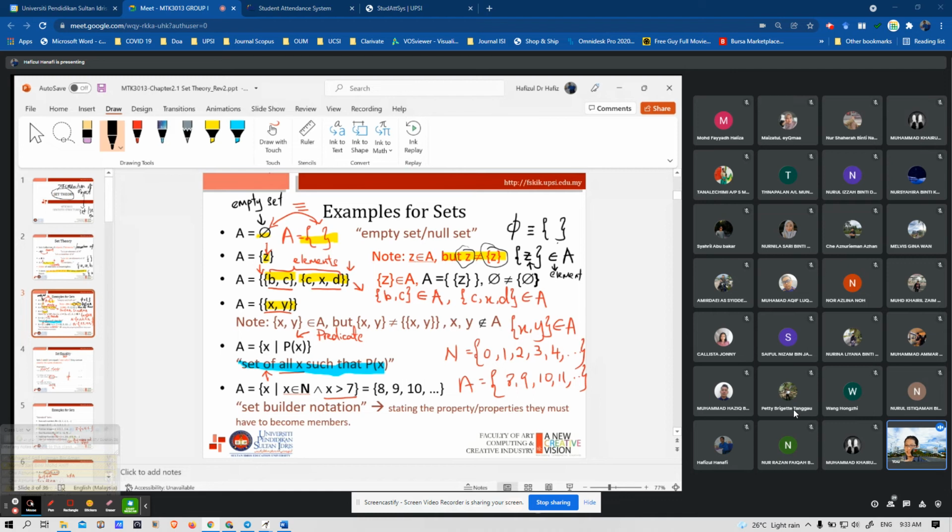If natural numbers start from 1, it can be listed as N1: 1, 2, 3, and so on. Because x must be greater than 7, the set A starts from 8, 9, 10, 11, and so on.